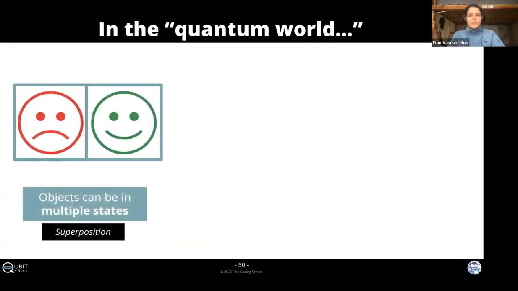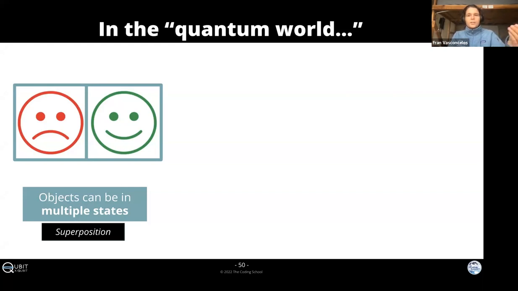So just to give you an idea of some things that are different in the quantum world, properties that quantum phenomena exhibit that big, large classical objects do not, are things like superposition. So for example, in the quantum world, you have objects that can simultaneously be in multiple states.